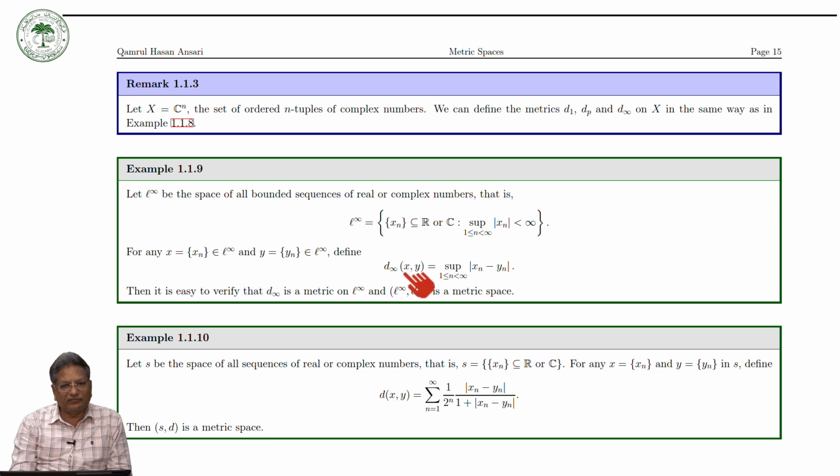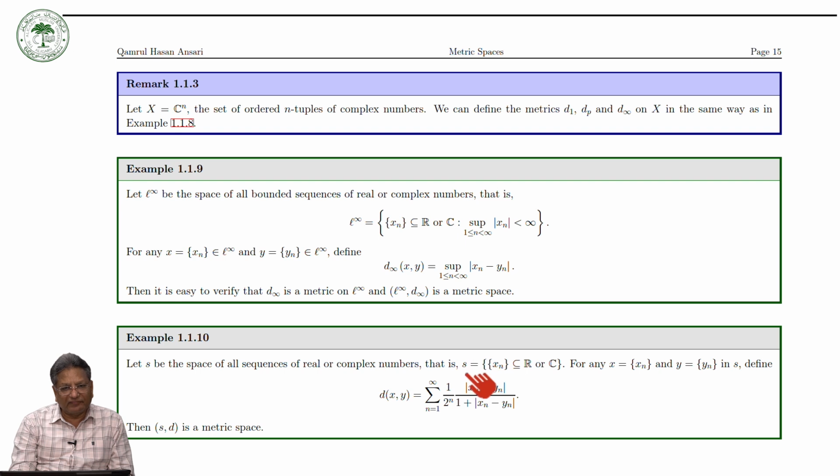So d infinity of x, y is not well defined if x and y are arbitrary sequences, and therefore d infinity over this set S of all sequences of real or complex numbers is not a metric.